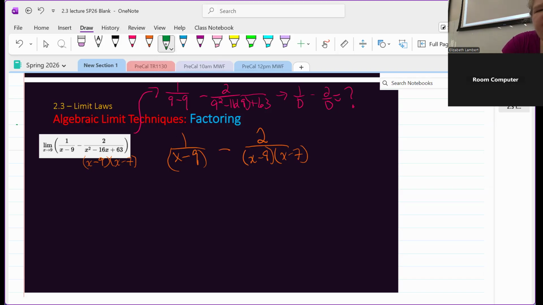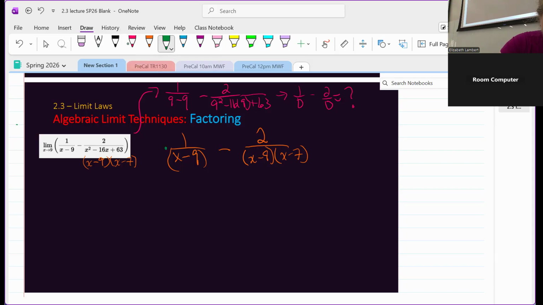Since these two fractions are separate, we're going to put them together. What do I need to add fractions? Common denominator. I already have x minus 9 in both fractions on the bottom. One of them has an x minus 7, the other does not.